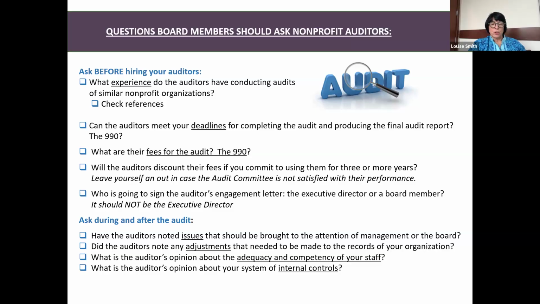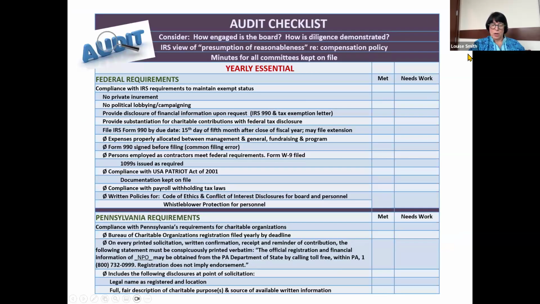Okay, let's go to the audit checklist next. And this document is one of those things that we're not going to go through because it's very long, but it's one of those documents, what I said at the beginning, is a really useful checklist for you to understand.